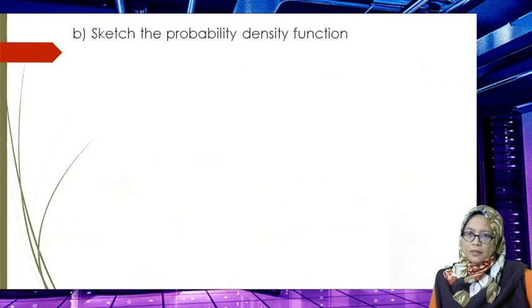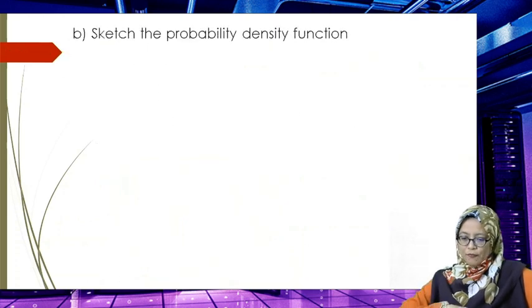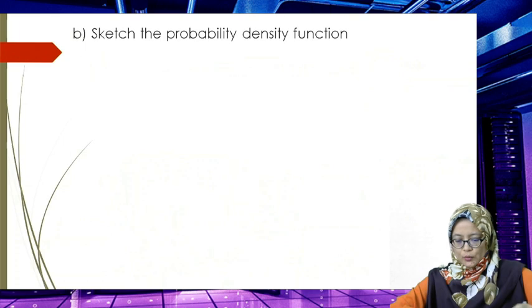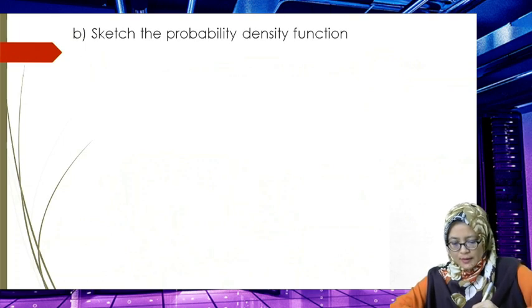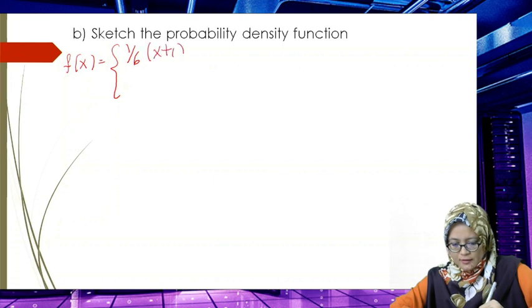Okay, so then B, sketch the probability density function. Okay, so kita boleh tulis balik function yang tadi, kita ganti balik nilai constant dia. Okay, so 1 over 6 x plus 1 for interval 0 to 2. So second is 1 over 3 for 2 to 3.